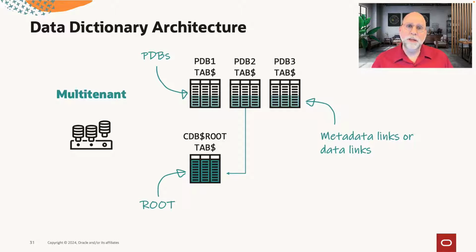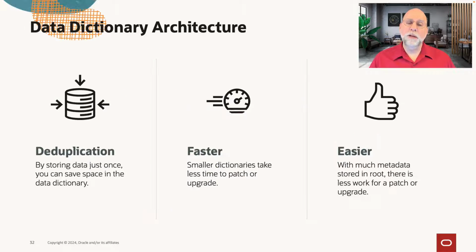So you don't necessarily have a physical copy of source$ or of the listing for trigger$ in every PDB. You have a pointer down into the root where that table is maintained for the entire container and all of its PDBs. So what this means is we're able to deduplicate elements of the data dictionary and have some of them accessed only by reference.